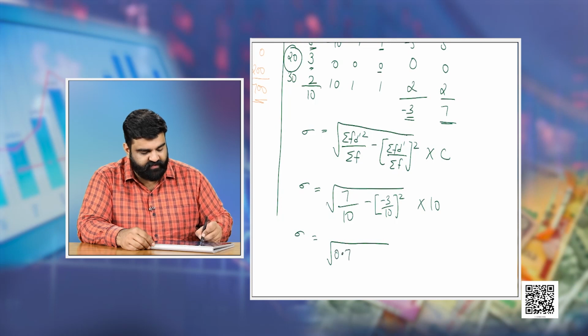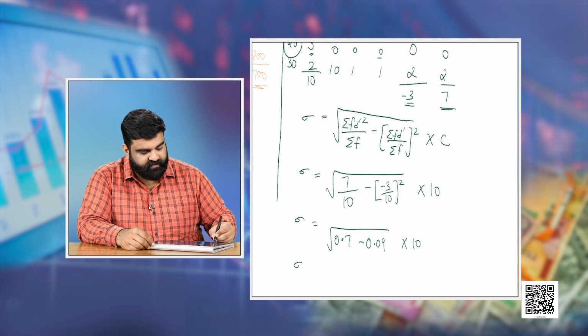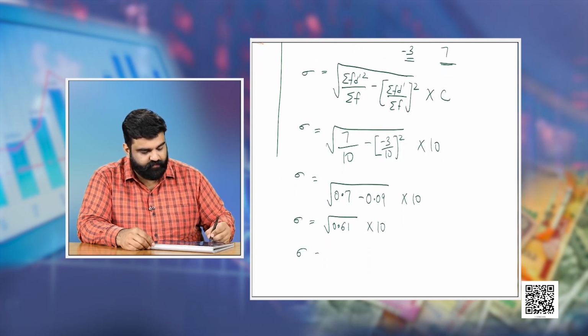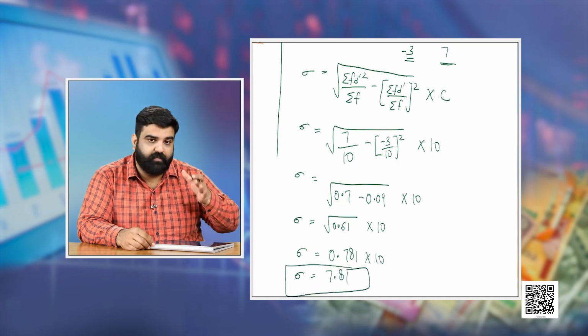So, we have 0.7 and then we have 0.09, into 10. This will give me an answer of 0.61, into 10. So, this will be 0.781 into 10 and my final answer will be 7.81, which is again my standard deviation and it matches in all the methods.